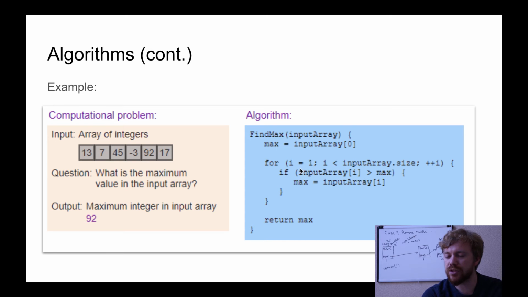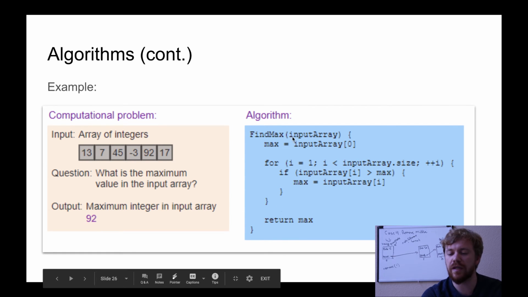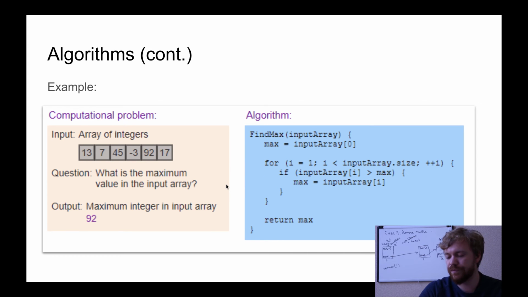And what you do is you keep checking if the value at the current index is greater than the current maximum value. If this holds true, then that means you need to update the maximum value to be the new maximum value. And once you've looped through the entire array, then you will have found the maximum value, and that's what you return in this find max method or function.